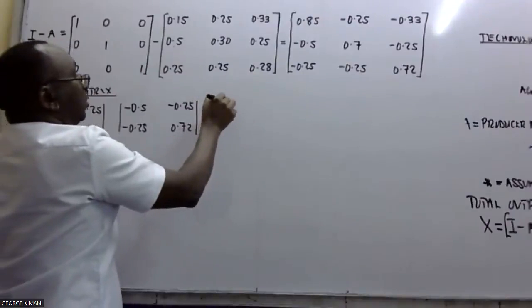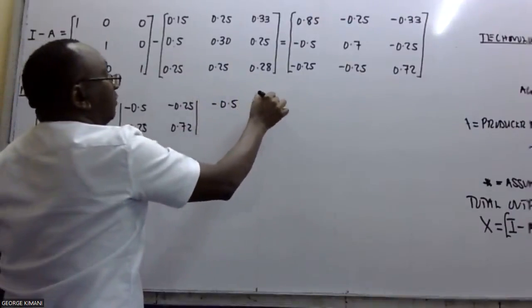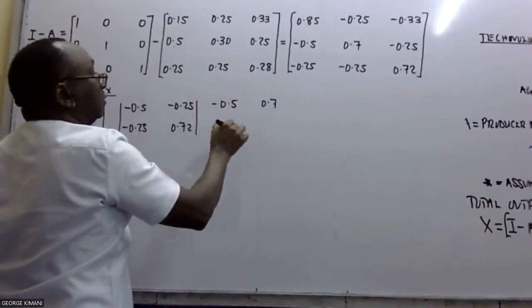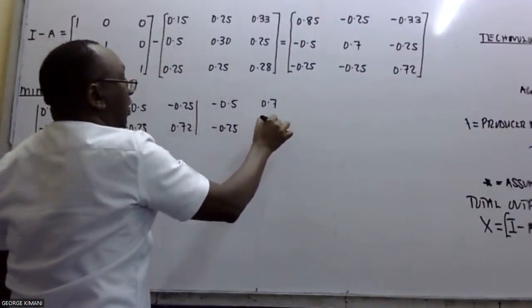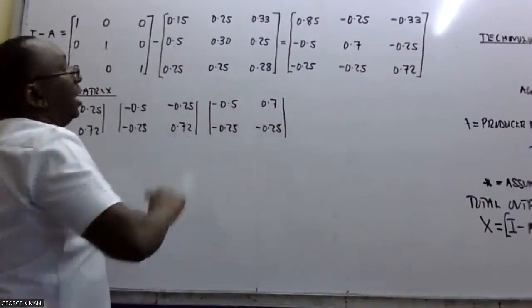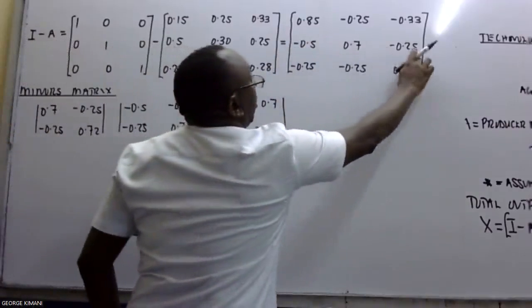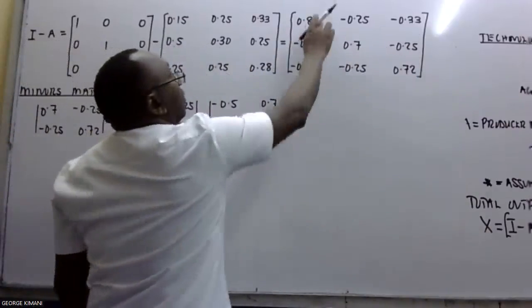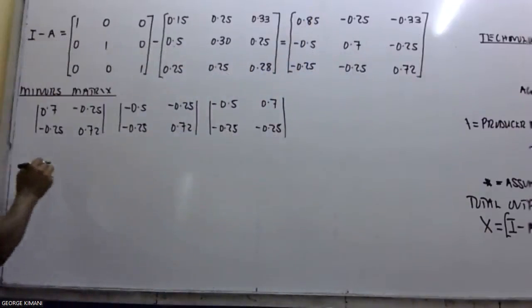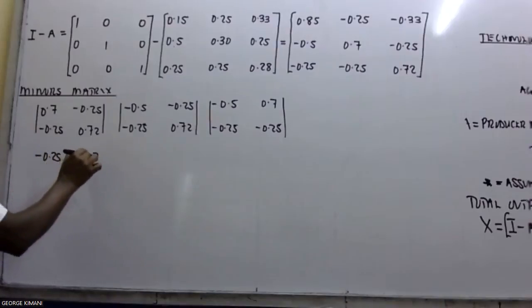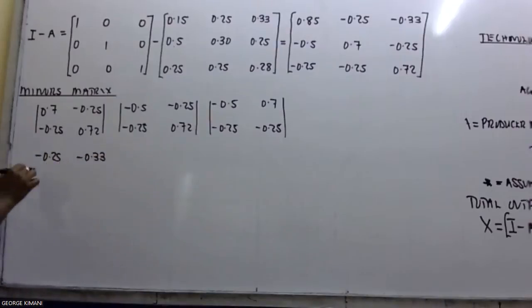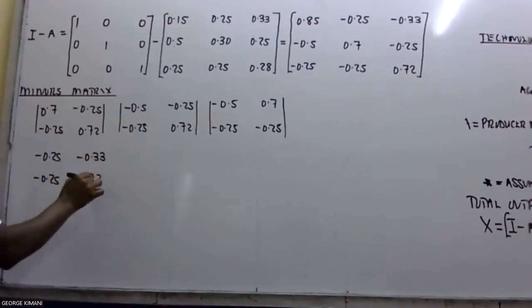That is minus 0.5, 0.7, minus 0.25, minus 0.25. You come now to this one. You drop the second row, first column. Unaachiwa minus 0.25, minus 0.33, minus 0.25, and 0.72.